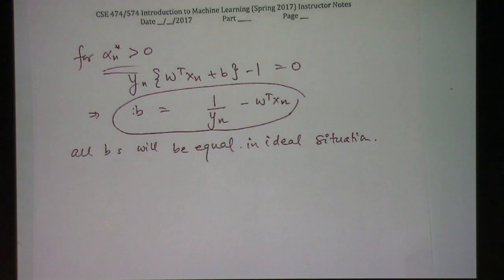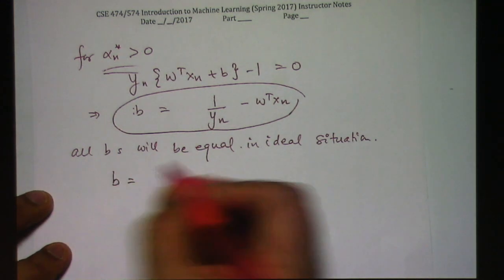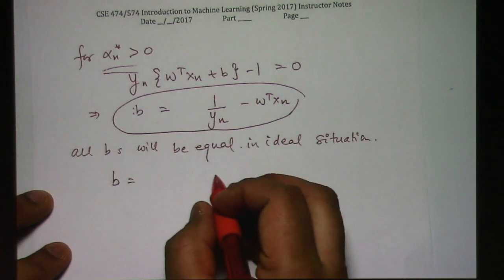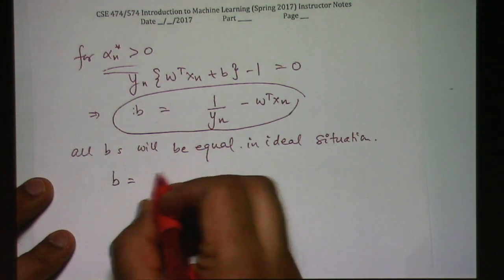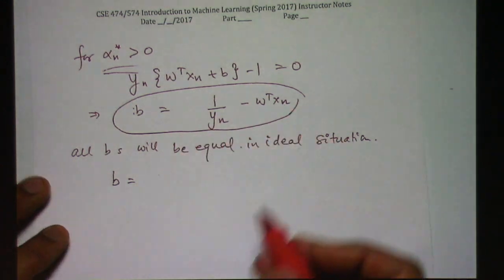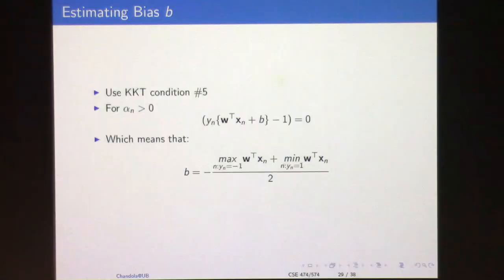So typically what they do in any SVM implementation is that they calculate the B for all n's, and then you can take an average, or some kind of averaging. In fact, in the slides I have a formula which you can use.